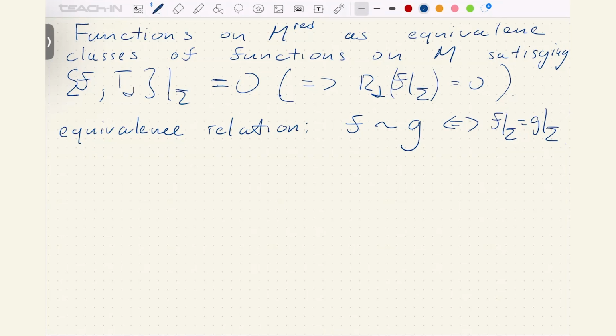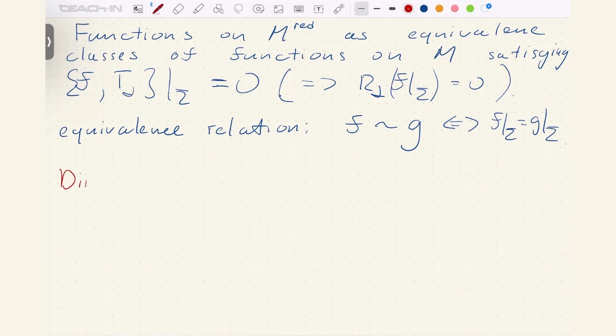So if we implement this equivalence relation, we precisely get to functions on sigma annihilated by these vector fields R_alpha, right? Because that's what these conditions say. Yeah, so we precisely get to the observables. So observables are functions annihilated by this. So what we had is a Dirac definition, what we had above.